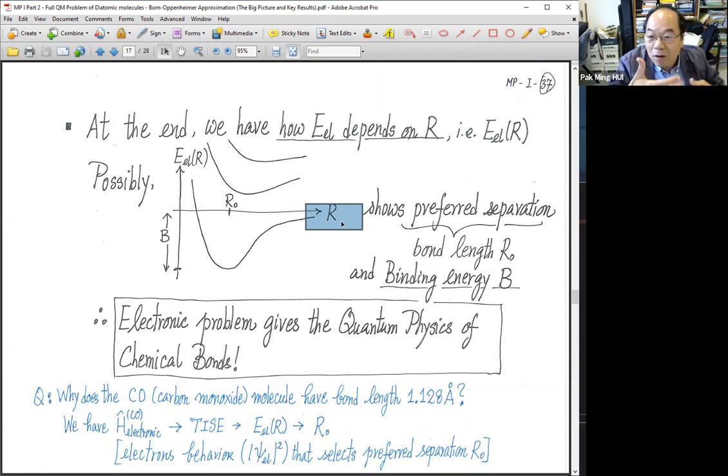For example, forming a molecule so as to lower the energy. Do you get this physical picture of bonding? Immediately you also understand why the bonding is usually of the order of 1, 2, 3 angstrom. It has to do with atom size. The size means the extent of the wave function.